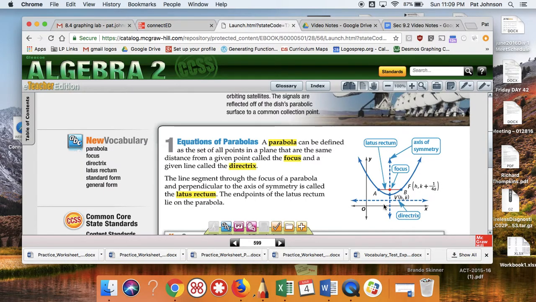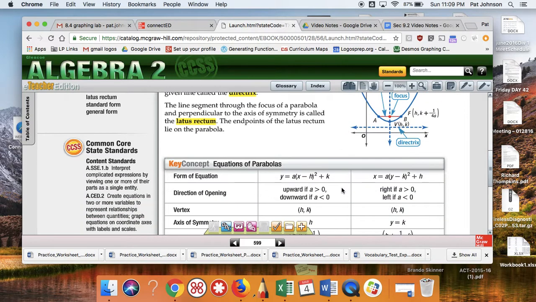These two things are going to be new, along with the other vocabulary word, which is the latus rectum. Basically, it's a line segment through the focus that's perpendicular to the axis of symmetry with the endpoints on the parabola. So this whole thing from here to here is a latus rectum.